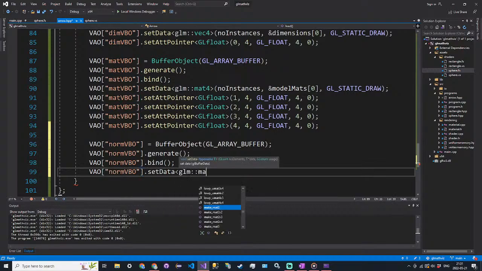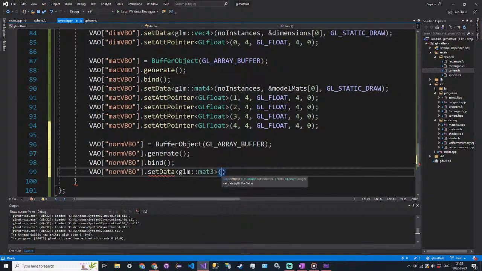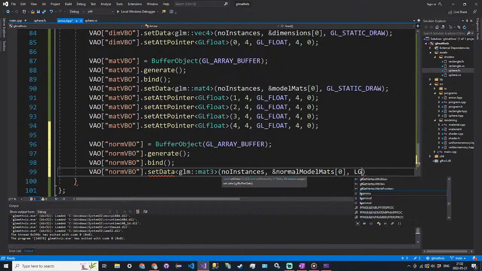This time it's going to be a GLM mat3 3x3 matrix. So the data is going to be number of instances again, and then the pointer to the data is going to be normal model matrices at 0, and then GL static draw.